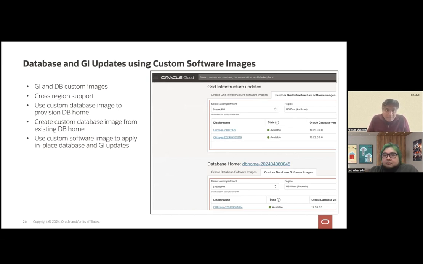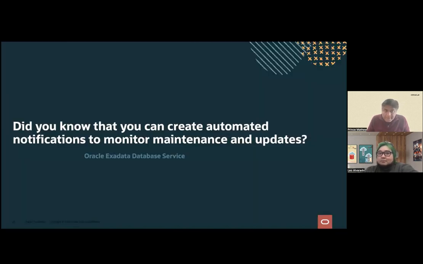So these are some new capabilities on the GI images and database image side. And remember, GI image updates are in place. Although we have a customer managed and visible database home and GI home exposed, the updates are in place on the GI home. We will support out of place GI updates in the future.